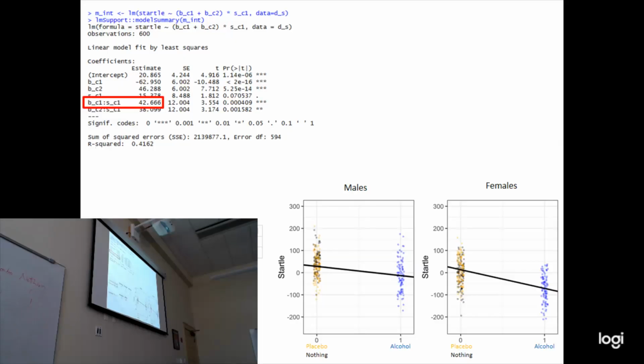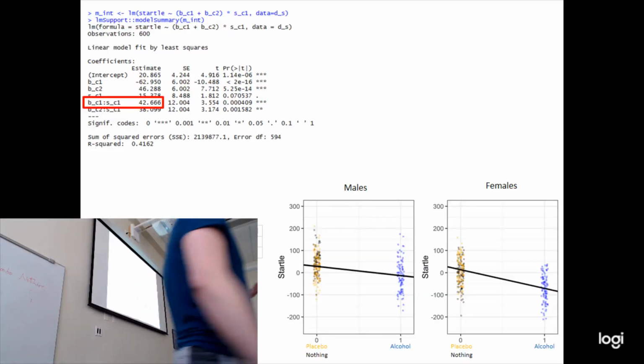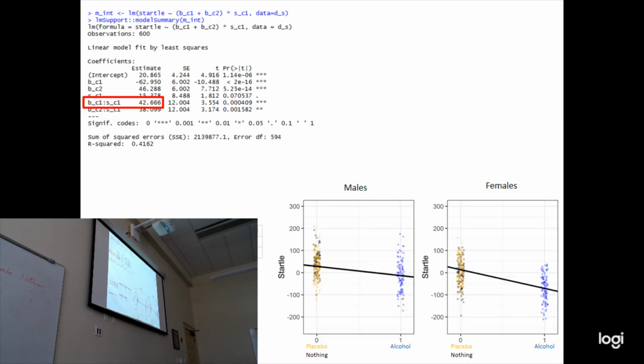So if you had to guess, based on the discussion of how we handled this design with baseline startle, how do you think that coefficient is represented on these graphs? Difference in slopes. It's the difference in slopes.